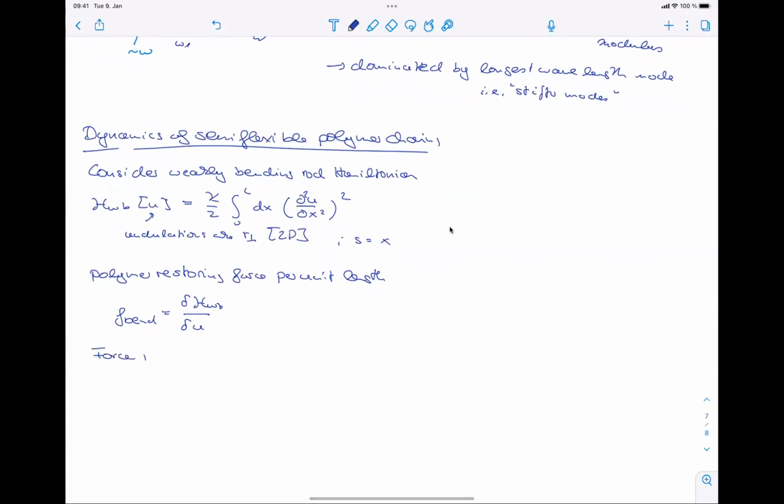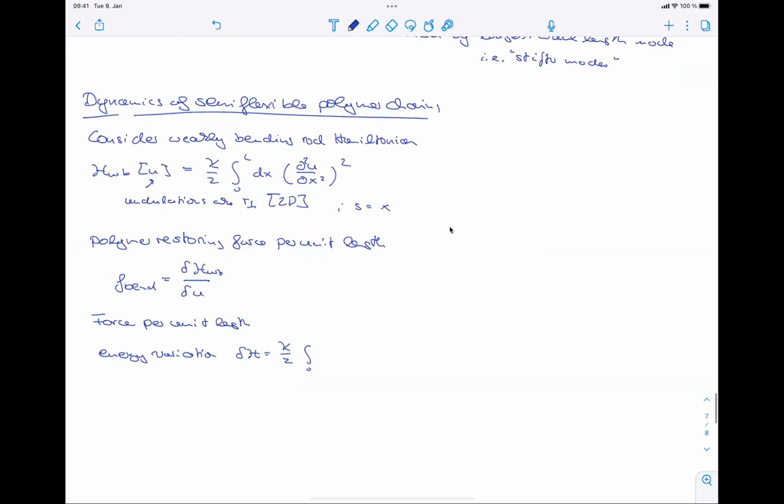So considering the force per unit length, the energy variation would be, copying down the Hamiltonian for a small variation in the undulations, du/dx squared plus d delta u/dx squared, minus the reference Hamiltonian without this variation.